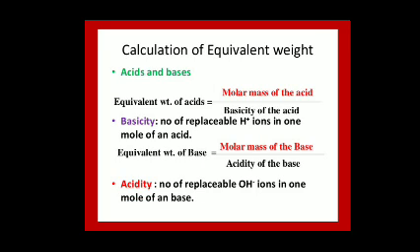Sulfuric acid: gram molecular weight is 98, basicity 2, that is 98 by 2, equal to 49. So the number of H plus ions replaced from the substance is called basicity.